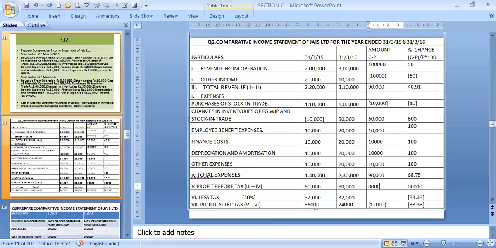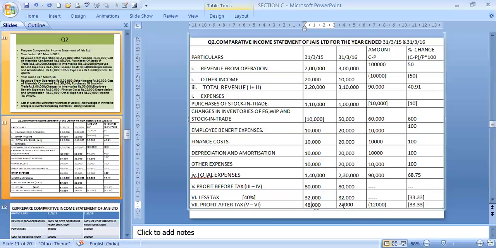Instead of giving zeros, it is better to give a dash as there is no change. Next, the last part, profit after tax: 80,000 minus 32,000 gives me 48,000.